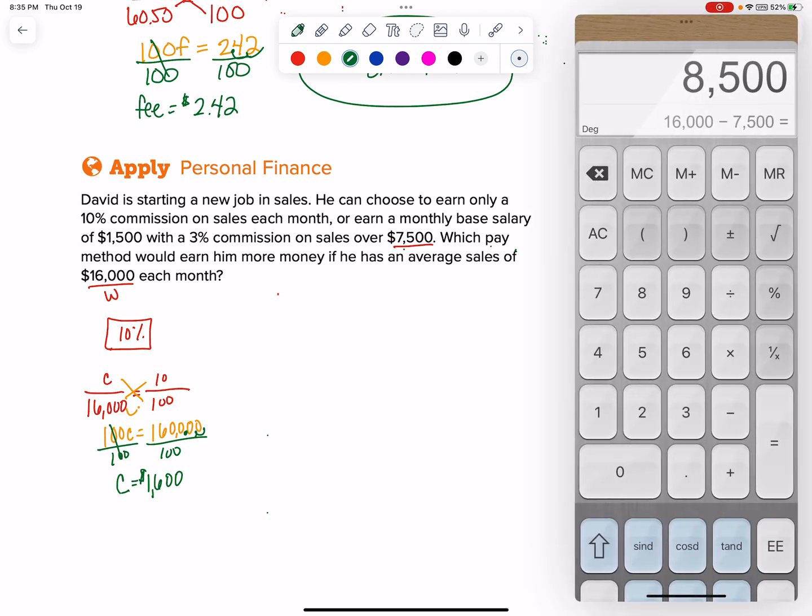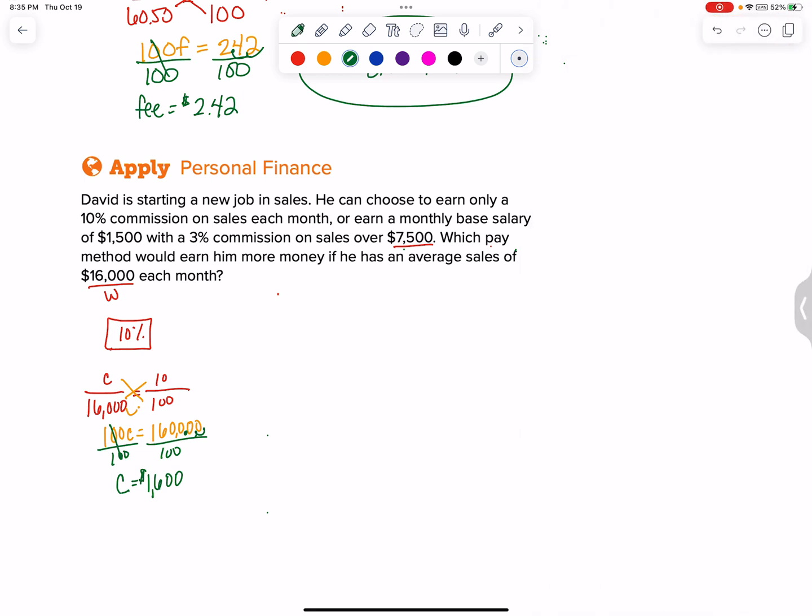So if I sold 16,000, the amount over that is 8,500. I'm going to go with that as the original whole that I earn commission on, just because I think businesses can be annoying like that. So let's go ahead and do this deal.